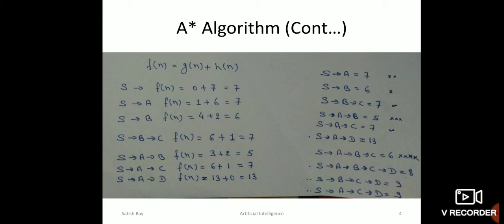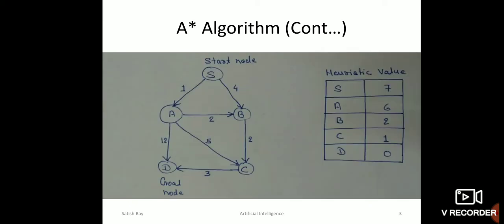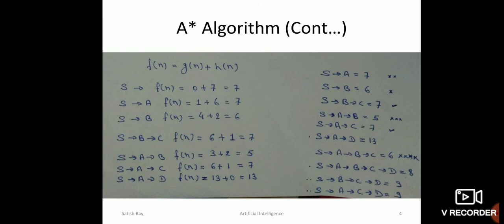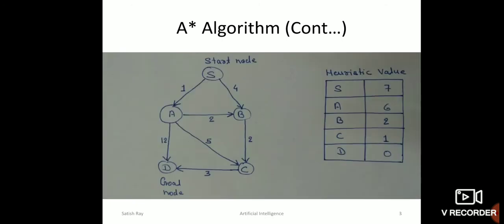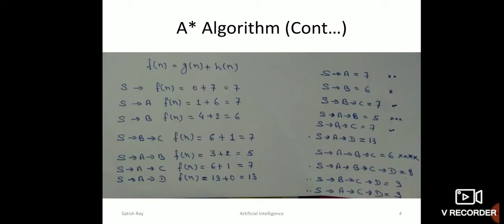And for S to A to D, the value of f of n is 13 plus 0 equals 13, because for S to A to D, S to A is 1 and A to D is 12. So it is 13, and the value of h of n for the node D is 0. So 13 plus 0 equals 13. We will write all these three paths at the right hand side.